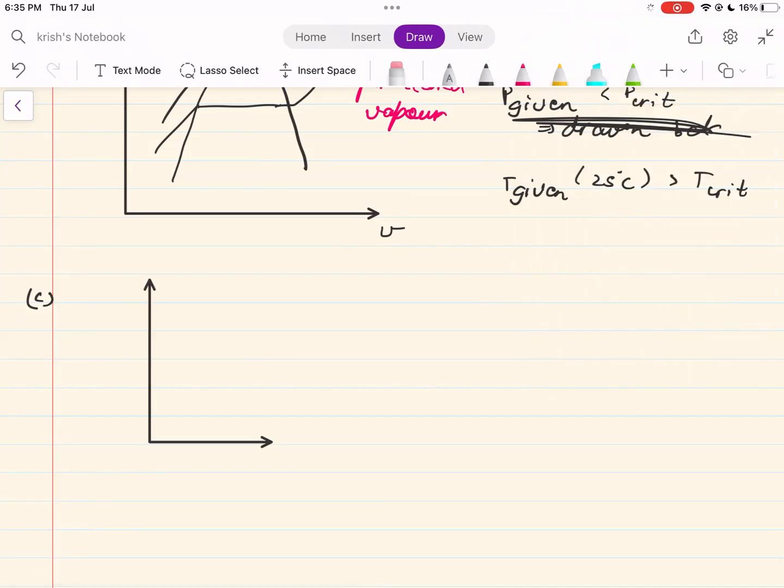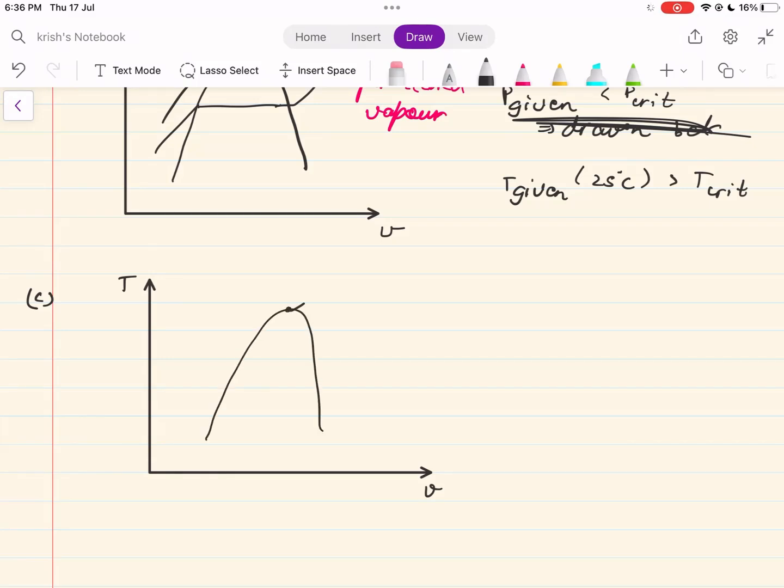So our final question is also solved in the exact same manner. I'm just gonna draw it this time around. I'm gonna explain it a lot.